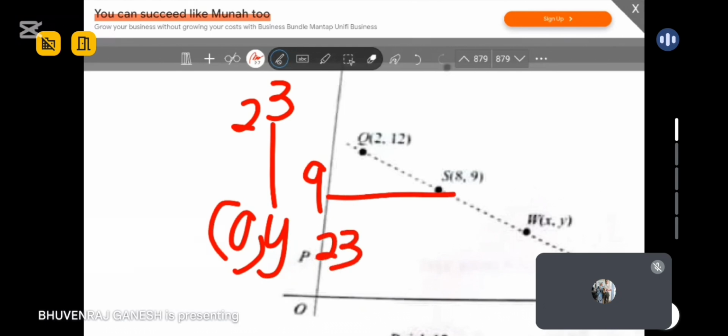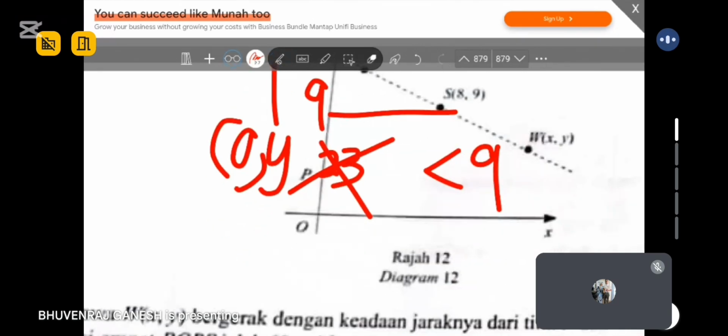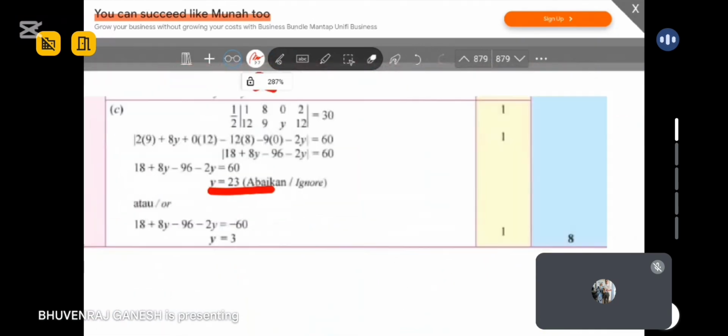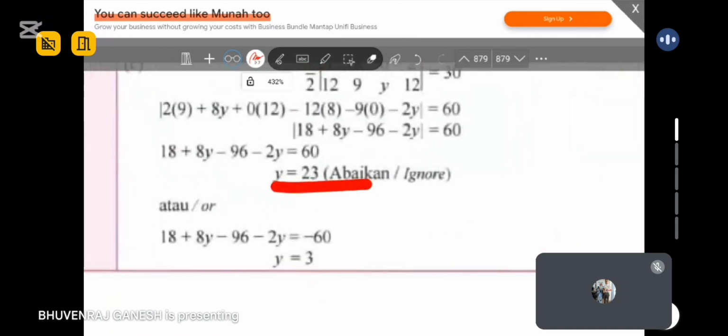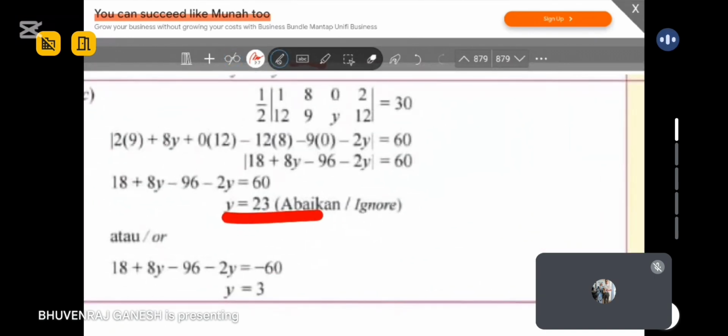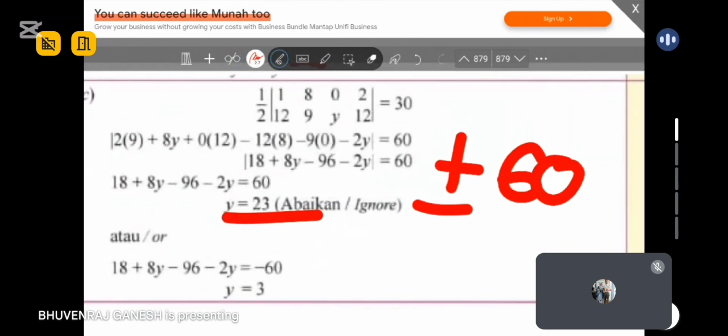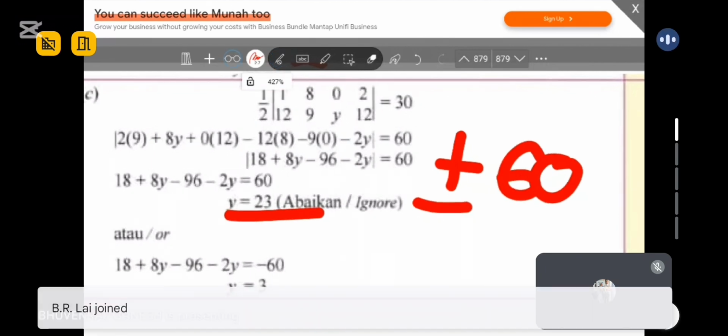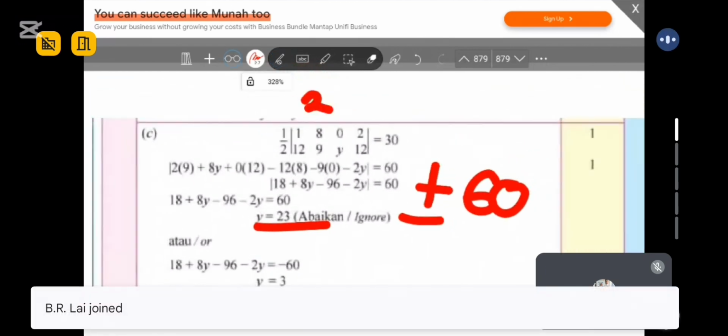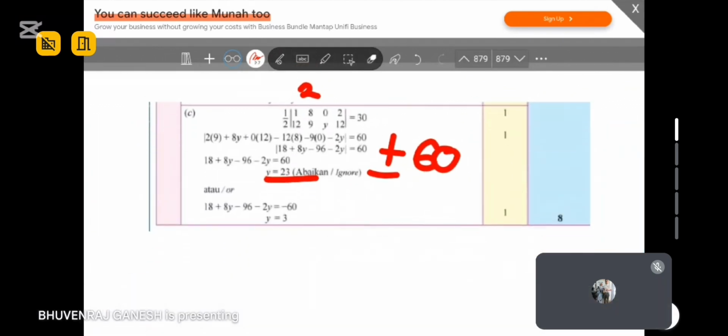So macam mana yang ni boleh 23? Tak logic. That's why you must choose a value less than 9. Lebih kurang dari 9. Okay, that's why you're going to choose. Answer is 3. Okay. Remember when you open the modulus is positive, negative. Kamu ada 2 case. You have 2 separate cases. Okay. So, understand? Boleh faham?